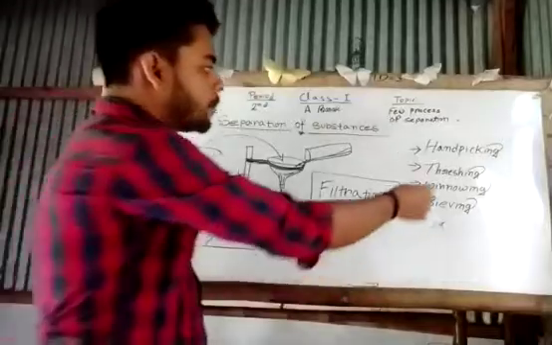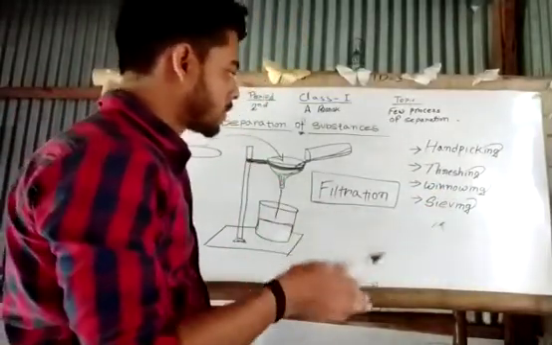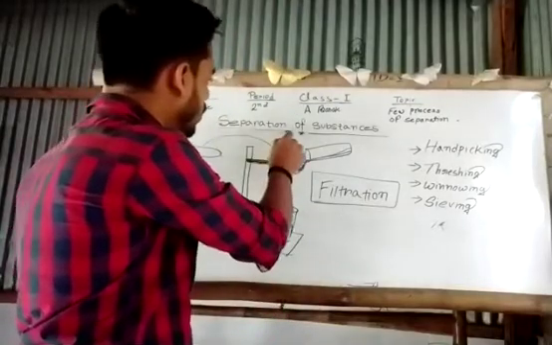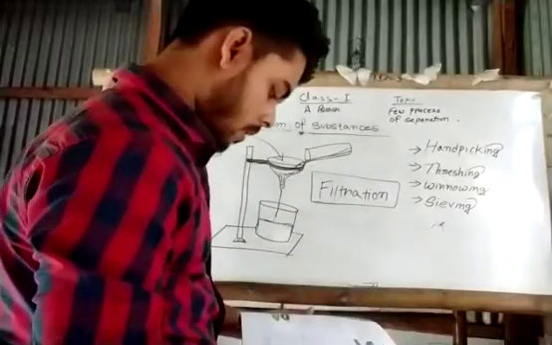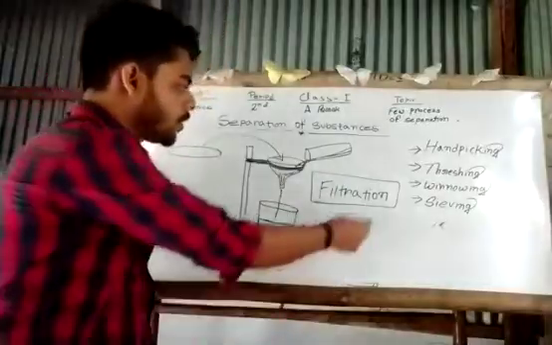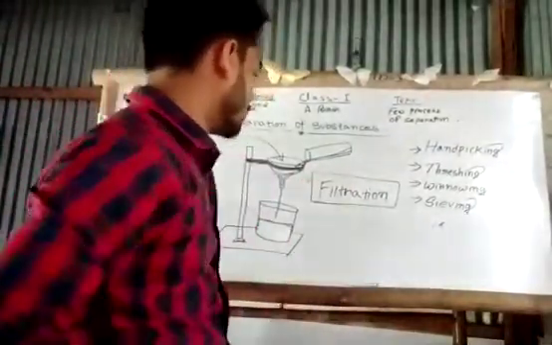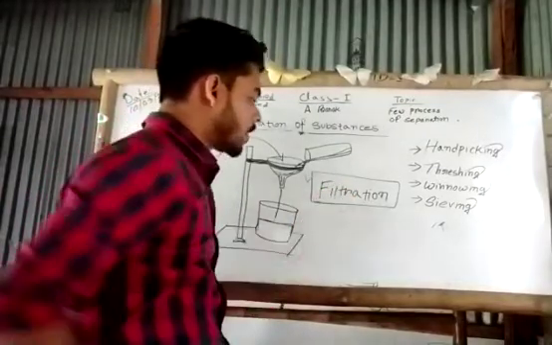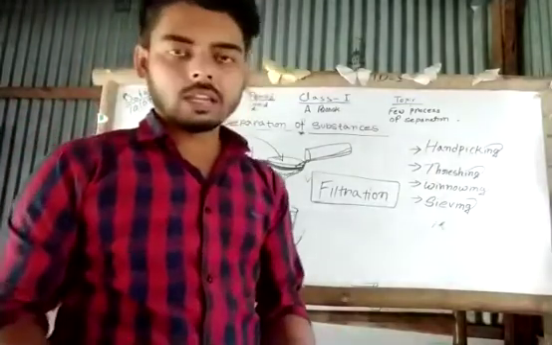Hand picking, threshing, winnowing and sieving were already finished in our previous class, and today we discussed separation of substances by sedimentation and decantation, and lastly we discussed filtration, which is very important from your exam point of view. You may get some questions based on filtration in your exercise. I will give all of them in your next class.